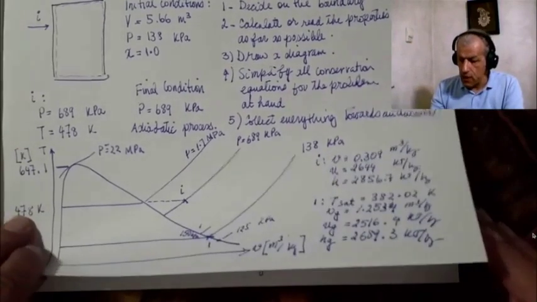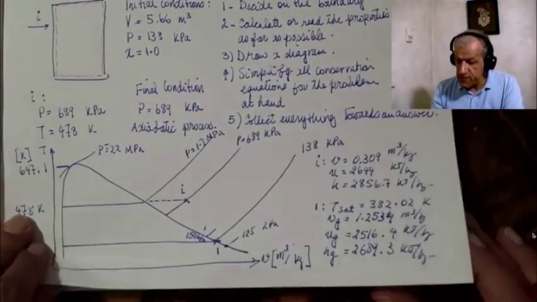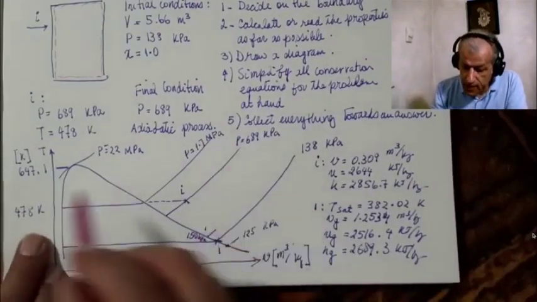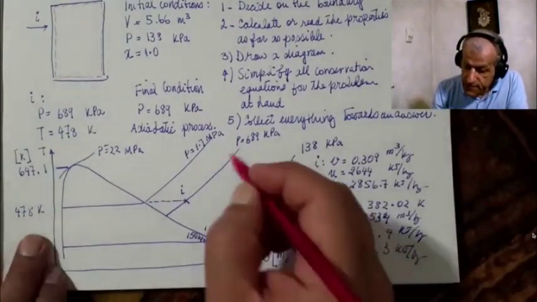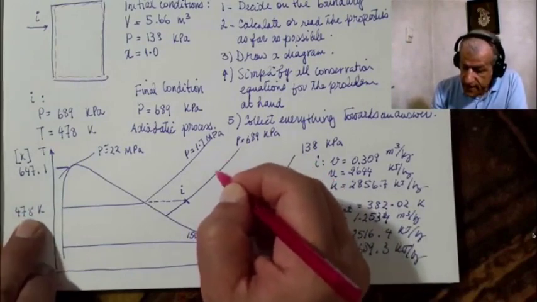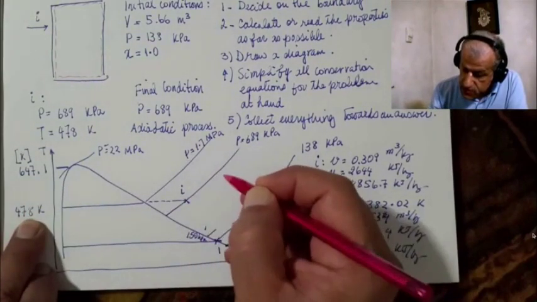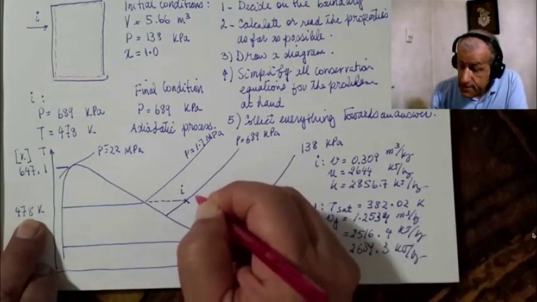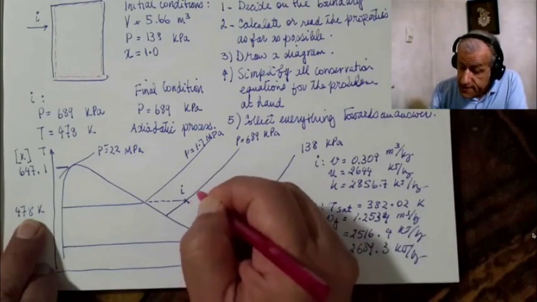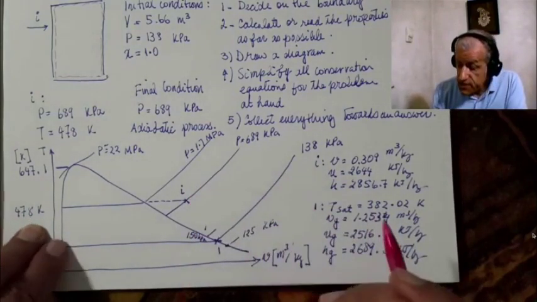We could also note that the final temperature was 548. This is 478, and that is 548. It has some distance to this one, and it is on this line. The specific volume is 0.36.